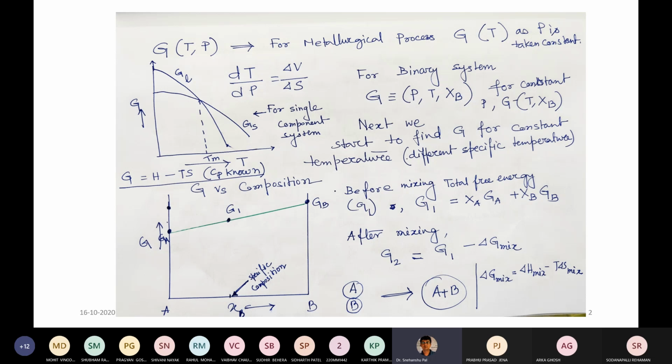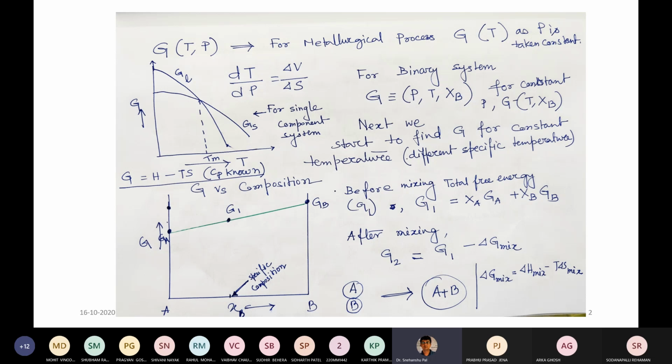Again we have to understand what we are doing. We bring together XA mole of pure A and XB mole of pure B and allow A and B to mix together to make a homogeneous solid solution. A and B have the same crystal structure in their pure state, and they can be mixed in any proportion to make a solid solution which also has the same crystal structure.